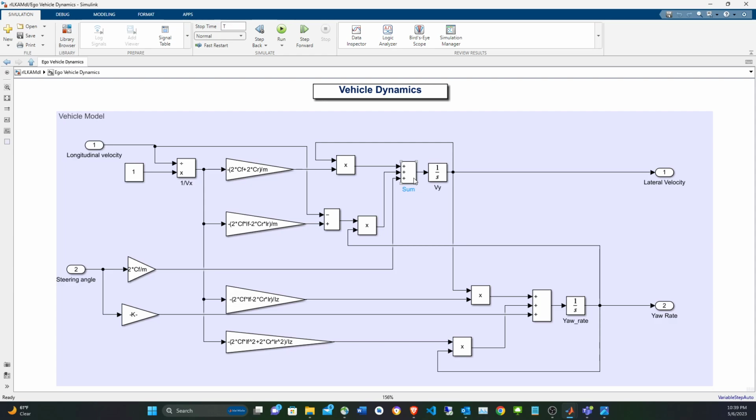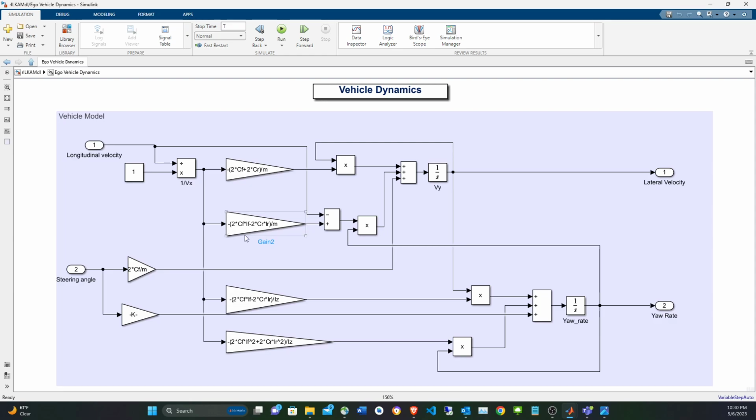To get the acceleration, in order to compute the velocity, you have to divide the force by m. So here's how you compute the force using the stiffness and also the distance of the center of gravity to the front and rear wheels.